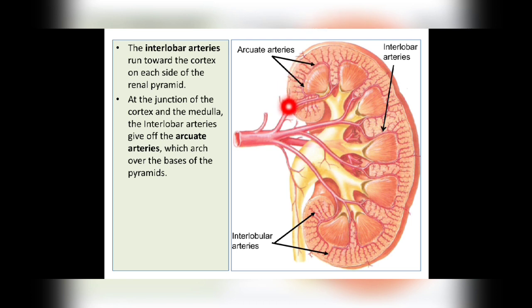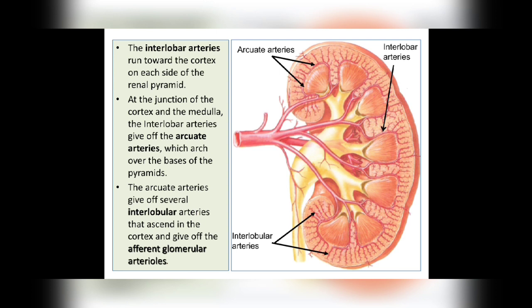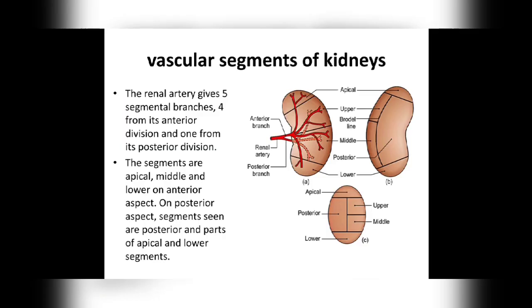In this diagram we can see arcuate arteries which arch over the base of the pyramid. The arcuate artery gives off several interlobular arteries that ascend in the cortex and give off the afferent glomerular arterioles. These are interlobular arteries.